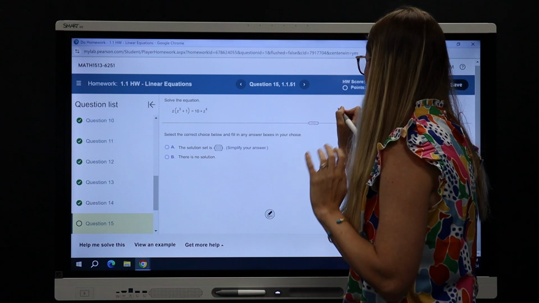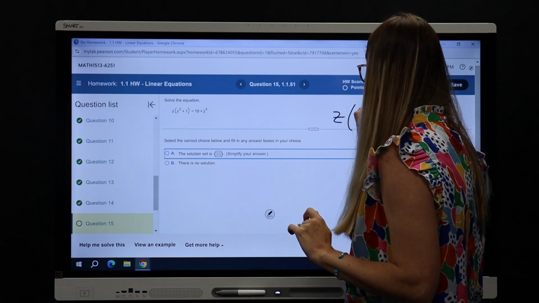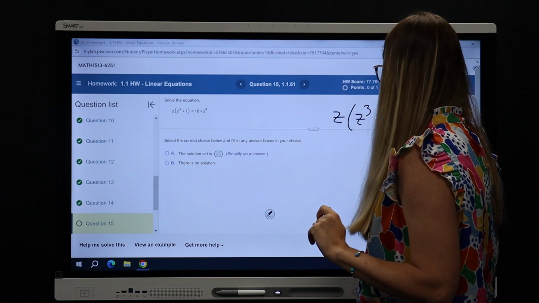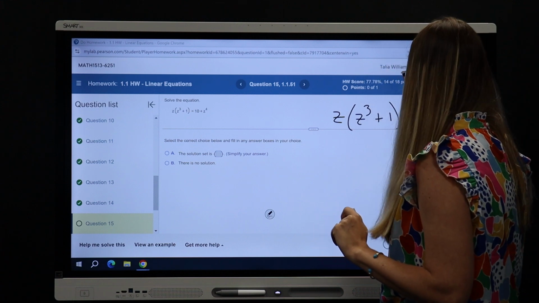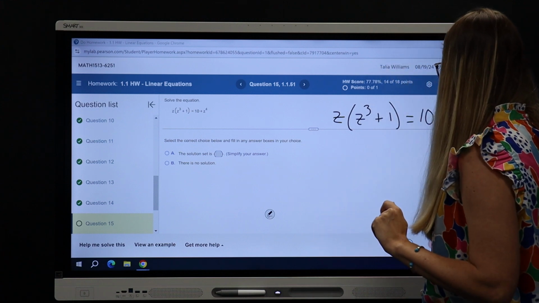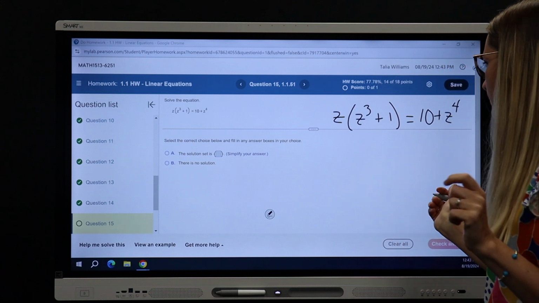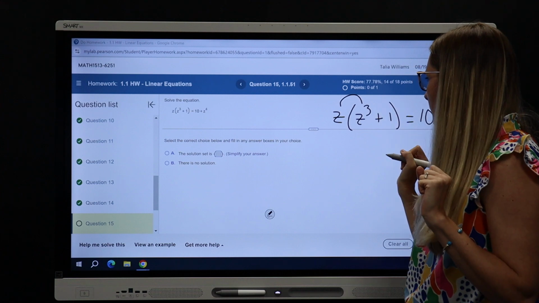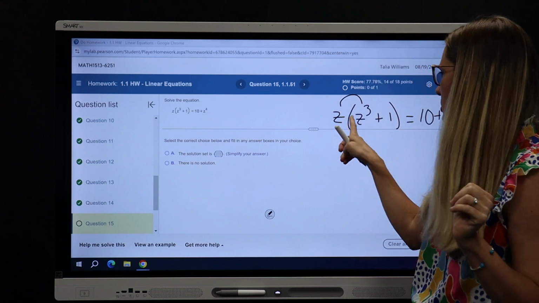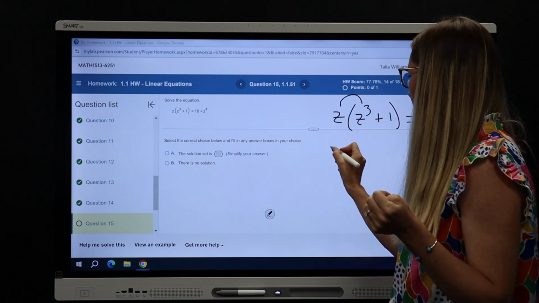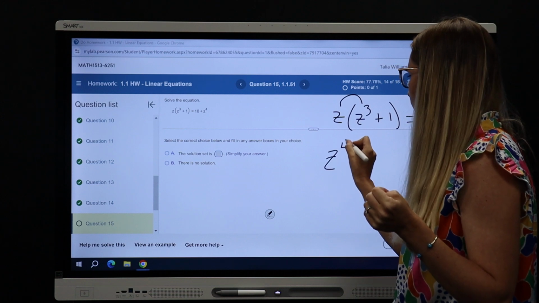Okay, so we have z times z cubed plus 1 equals 10 plus z to the 4th. This one's a silly one. Z times z cubed, so total z's, there's 3 z's here and 1 z here. So we're going to have z to the 4th.